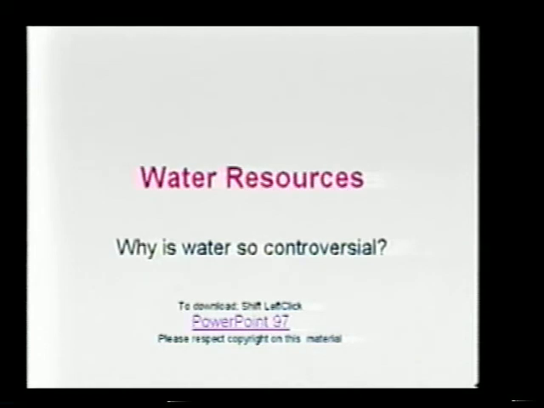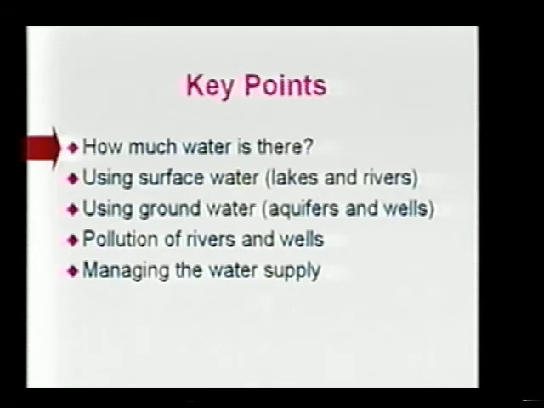There's a whole set of questions that we need to address in relation to water. The first, of course, is how much water there is. A second one is how we use it, in particular the distinction between surface water and groundwater. We also have to discuss pollution and essentially the issues associated with managing the water supply.